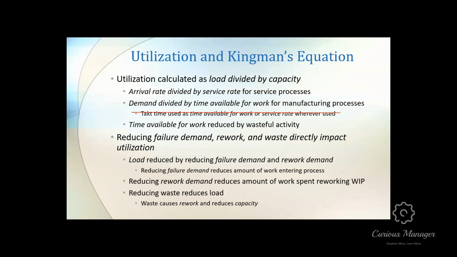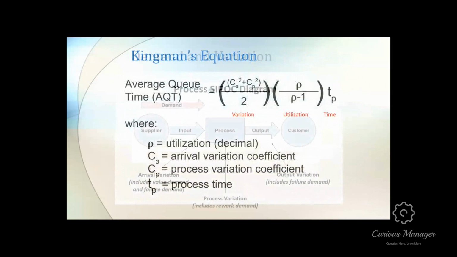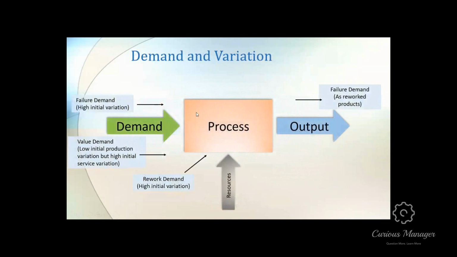Let me go up to the diagram real quick. I'll have to clear all the drawing. Whoopsie daisy. Okay, so let's go back up to this drawing. The load is inside here. So if we reduce the rework demand and the demand coming into the process, ideally we want as much value demand going into the process as possible. This is a key and important thing to understand.